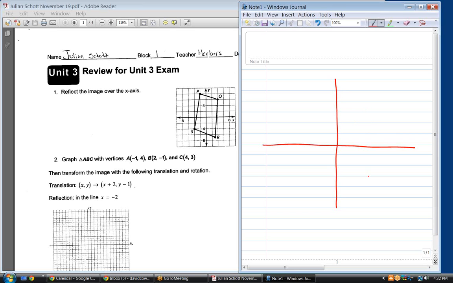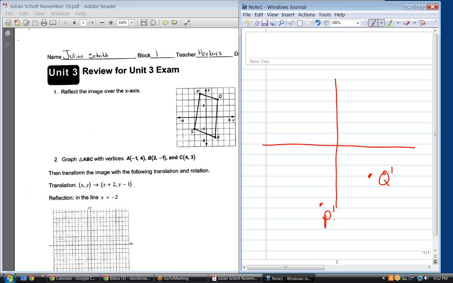So Q prime has to go 6 units below the x-axis. There is Q prime. P is 8 units above the x-axis, so it needs to be 8 units below the x-axis. So there is P prime.